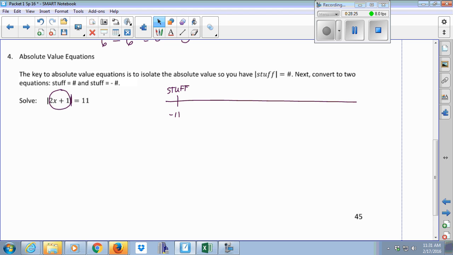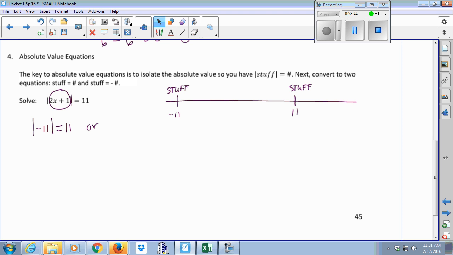Because the absolute value of negative 11 is 11. Or what else could the stuff inside equal? Positive 11.